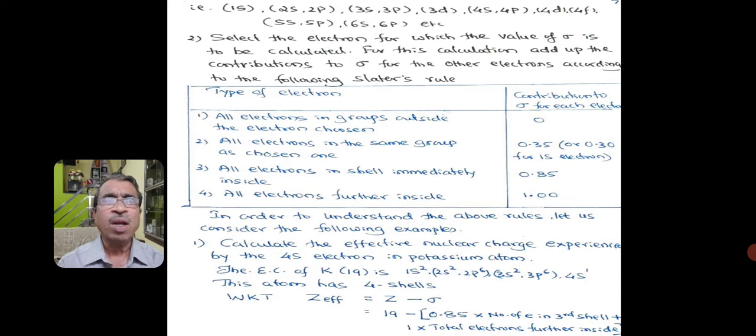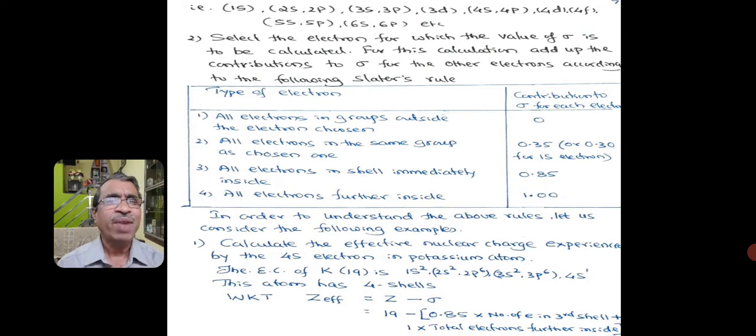If I want to calculate for a 2p electron, then according to Slater's rule, the 3s electron contribution is 0. The second rule says all electrons in the same group as the chosen one contribute 0.35, or 0.30 for a 1s electron.